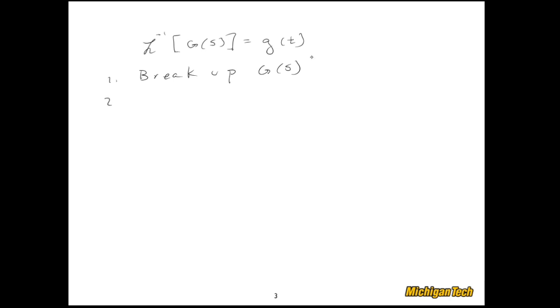Now, once you've done that, you can actually write out G of t. So maybe I'll add another step in here that just says write out G of t in terms of some unknown coefficients.